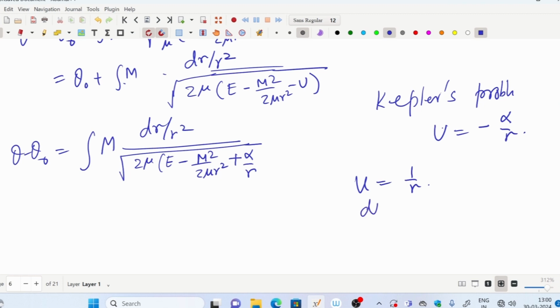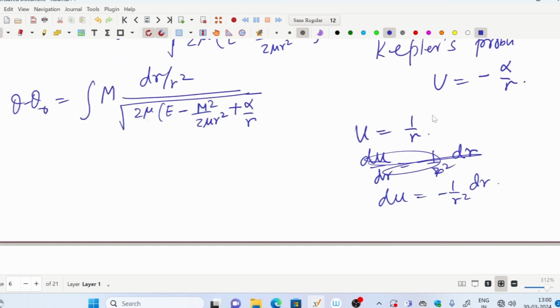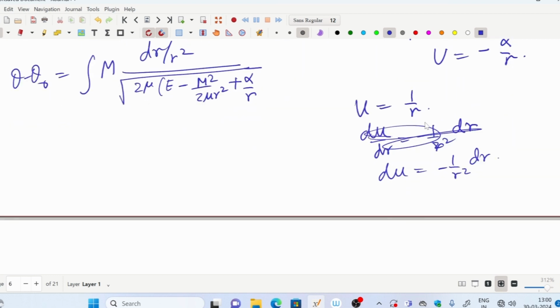So du by dr is nothing but, no, du will be minus 1 over r square dr. In the numerator I already have dr by r square, so I will substitute that here.